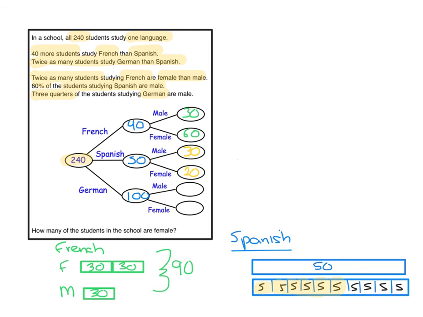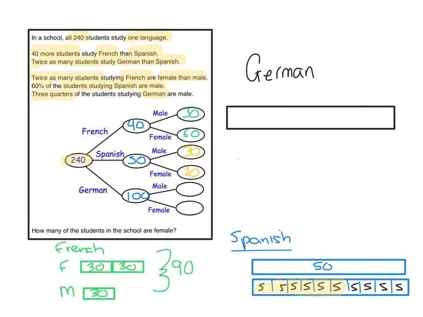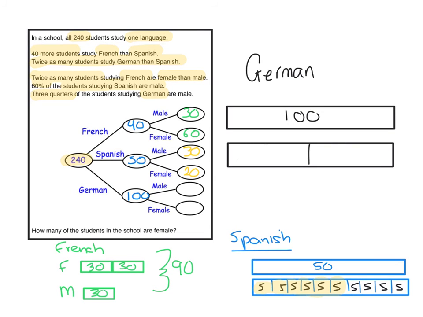So we've got one last thing to look at, which is German. It says 3/4 of the students studying German are male. Let's get my bar again. So I know that German is 100 people in total. And we're looking at quarters, so I need to split it into 4.